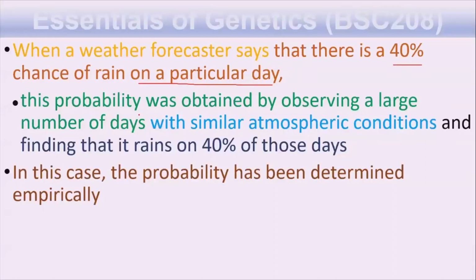Then the average is taken, and they have seen that if there are a total of 100 days, then on 40 of those days there was rain. So they predict a 40% chance of rain on that particular day. In this case, the probability has been determined empirically.